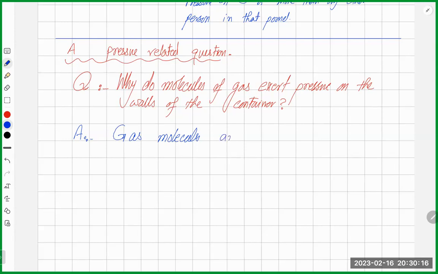Gas molecules are always in very high kinetic energy.